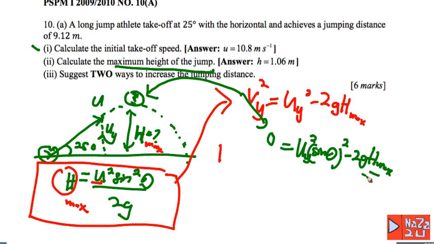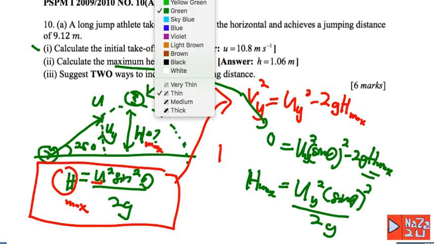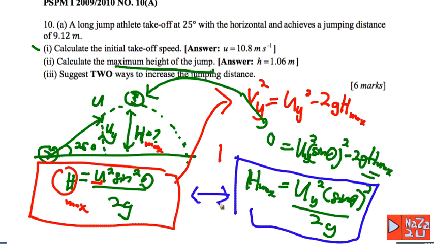So now you can calculate h maximum is equal to u squared sine squared theta divided by 2g. If you compare, this looks the same as the equation here: u squared, sine squared theta, divided by 2g.